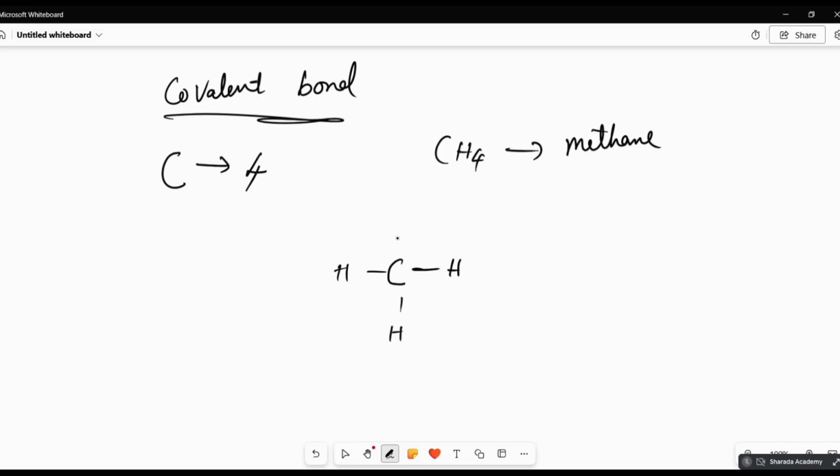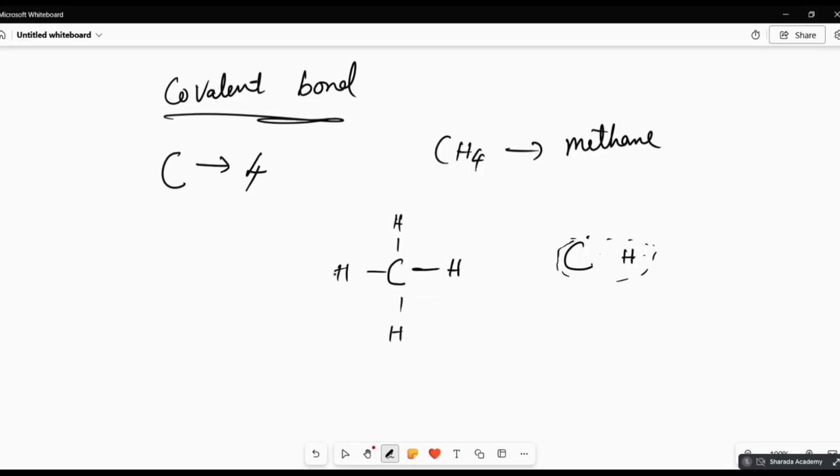The electron will be rotating around the hydrogen and also around the carbon. That sharing of electrons means the electron will always be rotating around the carbon and also with the hydrogen. And in ionic, how does it rotate? It will not rotate, it will just give that electron away. The extra electron will be with the other atom. Here it is not like that.